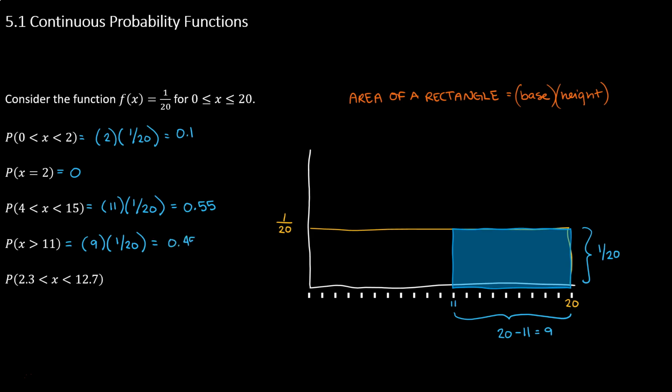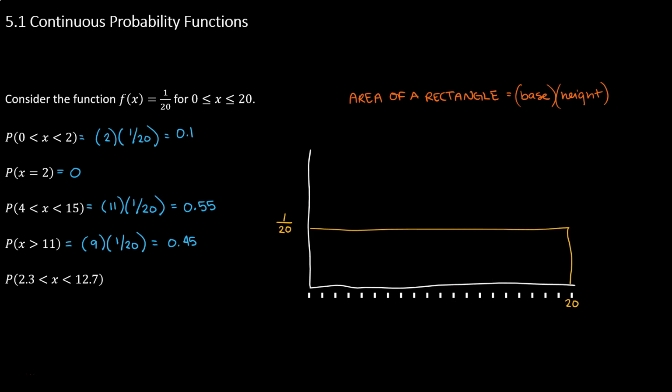Area is our probability for continuous probability functions. Now the last few examples we did, we used nice, neat, discrete numbers, but because we're dealing with a continuous probability function, we could look at decimal numbers, fraction numbers, irrational numbers. Any real number could be our variable value.